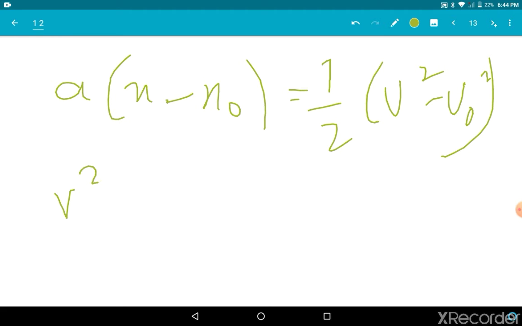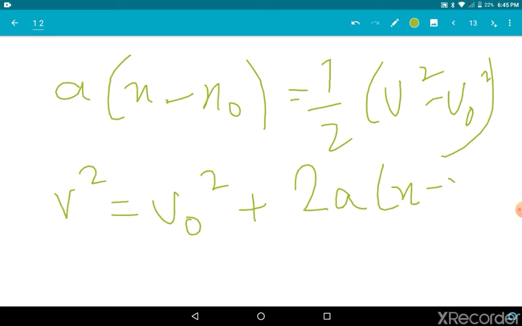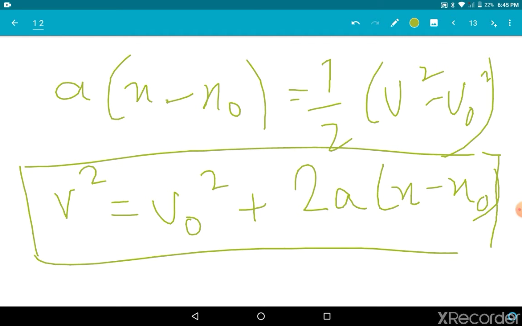So v square is nothing but v0 square plus 2a into x minus x0. This is the third equation. Very important for anything. Remember these 3 equations, they will be very much helpful in later times.